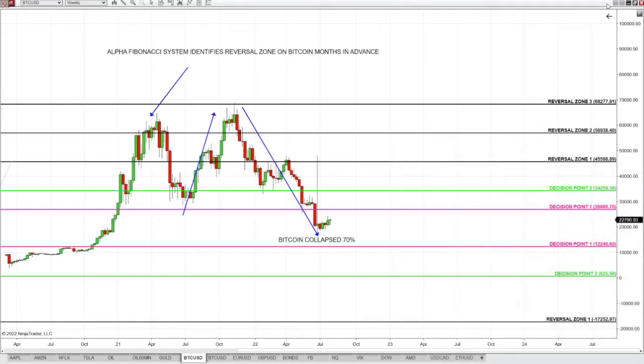With the Alpha Fibonacci System, you knew not to buy Bitcoin at the reversal zone. It's clear. This was the response on Bitcoin. Do you remember this? Let's go back all the way to this. What was the date? October 2021.